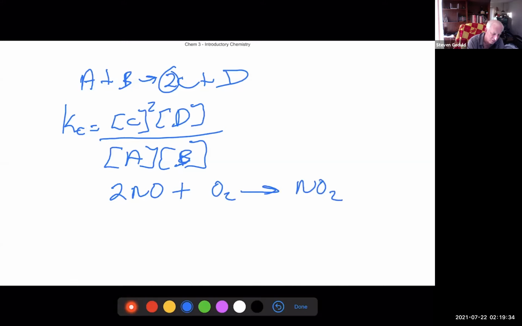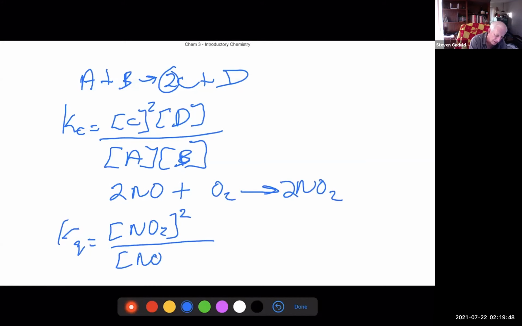This is a 2, that's a 2, and that's 1 from the oxygen. So the equilibrium expression would be the product, which is NO2 squared, over your reactants, NO squared and oxygen. Now these 2's are coming from right here. That's where we're getting those from, and that's your equilibrium expression.